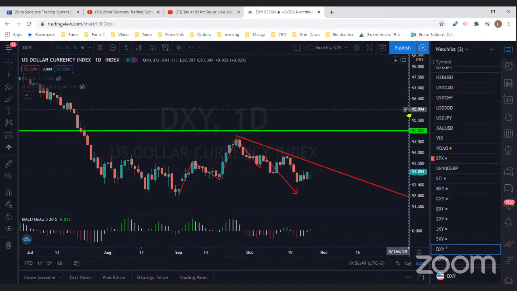Truth be told, I would say the USD is a bit hard to trade at the moment, but I wouldn't say I will be keeping to the sidelines. Whatever my setup shows me, I'll still jump in. But if I were to bet big, I would actually go long on the S&P 500.